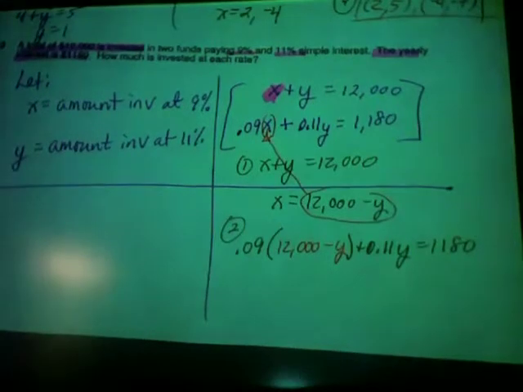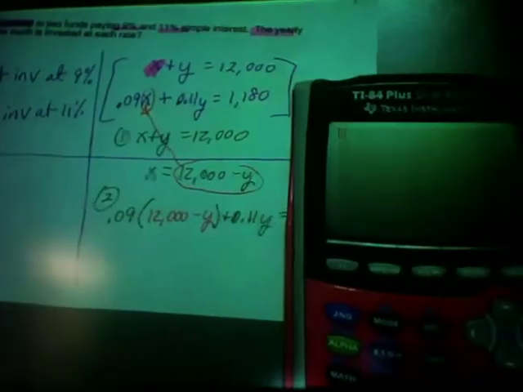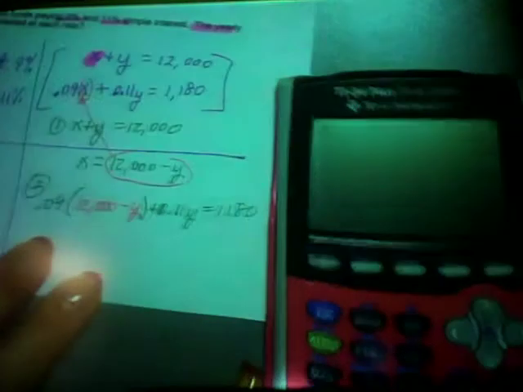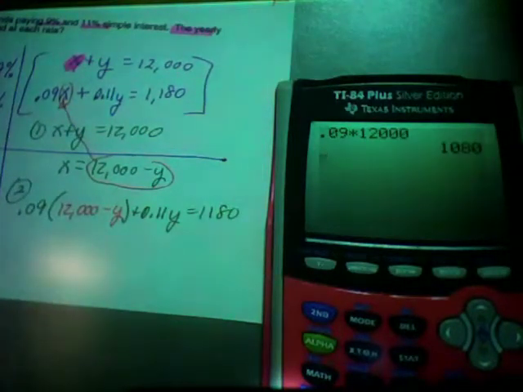So we are going to break out the handy dandy calculator. Getting nervous there, weren't you? Even I don't want to do that by hand. So 0.09 times 12,000 gives me, oh look at that, 1080.